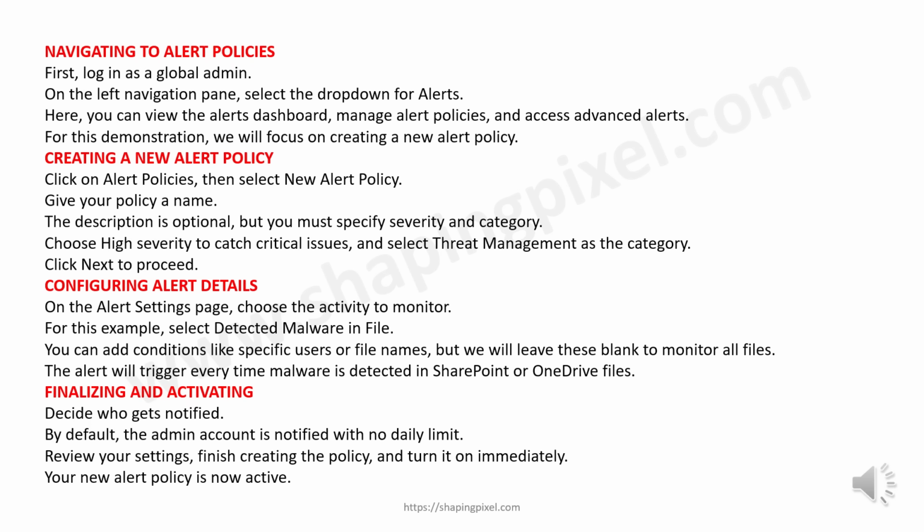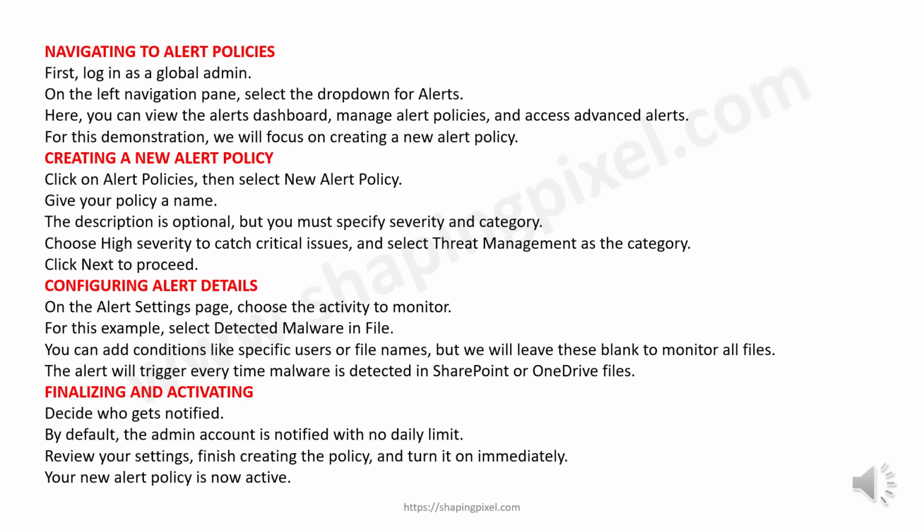Here, you can view the Alerts dashboard, manage alert policies, and access advanced alerts. For this demonstration, we will focus on creating a new alert policy. Click on Alert Policies, then select New Alert Policy. Give your policy a name. The description is optional, but you must specify severity and category.